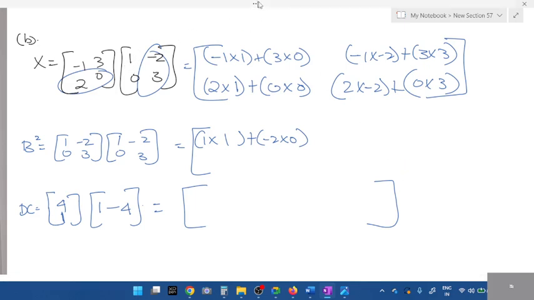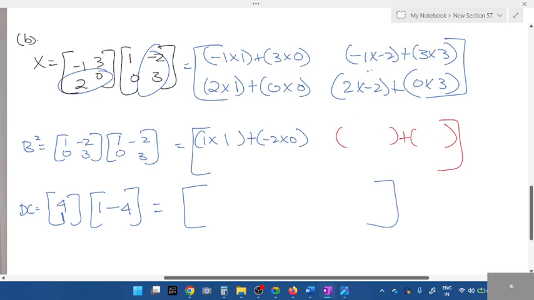Multiplication. Remember this format. Next. 1 into minus 2, first row, second column, plus minus 2 into 3. 0 into 1 plus 3 into 0. Again, 0 into minus 2 plus 3 into 3.